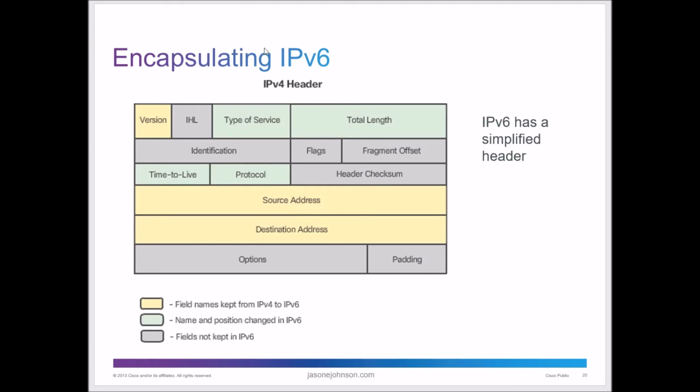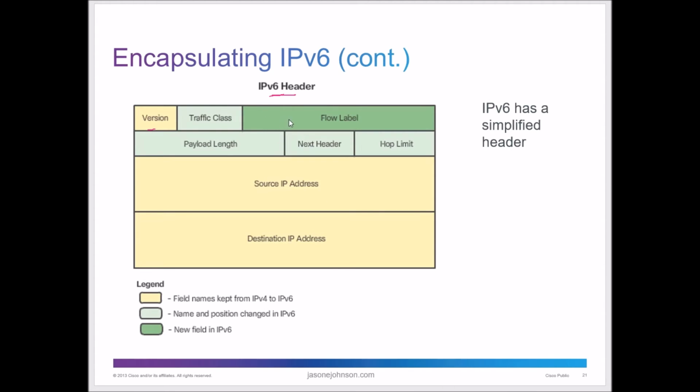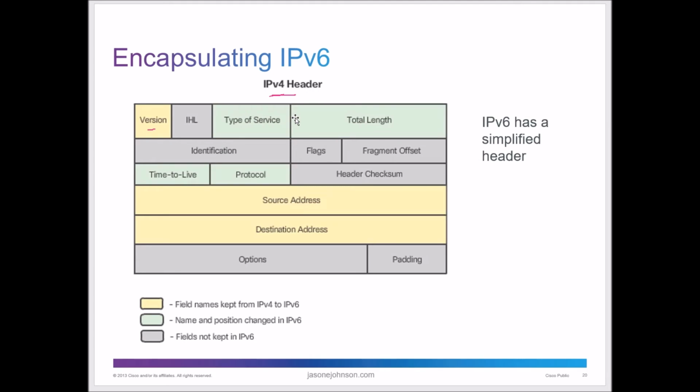When we encapsulate the IPv6 packet, it looks similar to version 4. We have the version, and version 4 is built inside version 6. So when we're looking at the version 4 header here, and then we look at the version 6 header, I'll show you the differences. So the version 4 to the version 6.